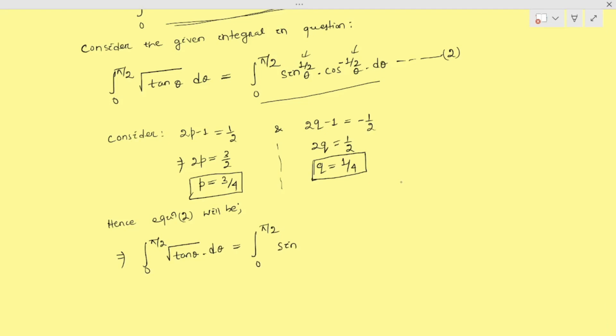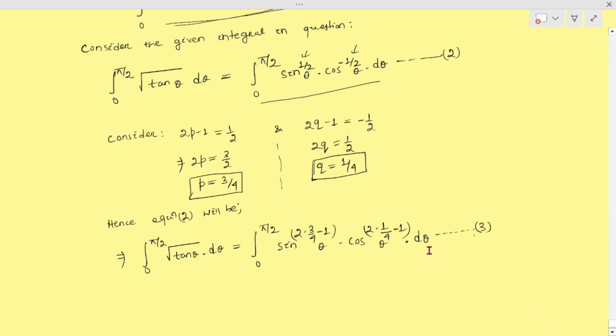That means instead of p we can write 3 by 2, so 2 into 3 by 2 minus 1 theta, cos 2 into 1 by 4 minus 1 theta d theta. Let this be your equation number 3.